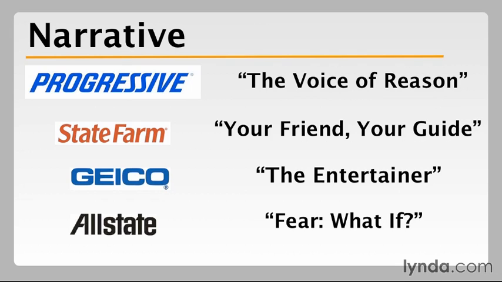Allstate sells with an element of fear. What if? Are you prepared? Do you have enough? Allstate asks critical questions that make you think twice about your life and your coverage. And when you look at the characters that each of these companies use, Allstate also uses a character that played the president in the series 24.